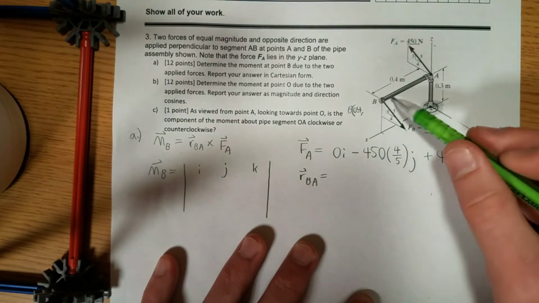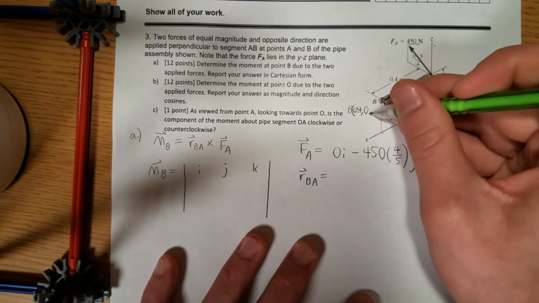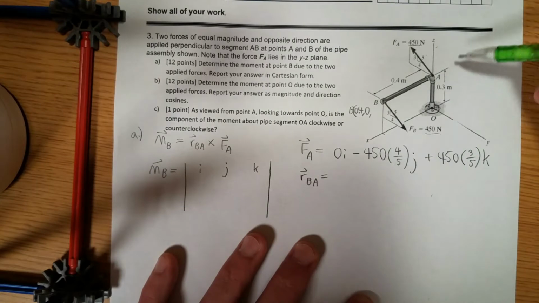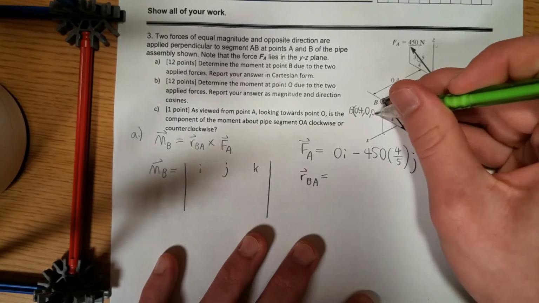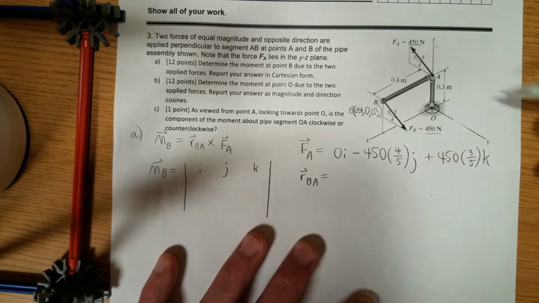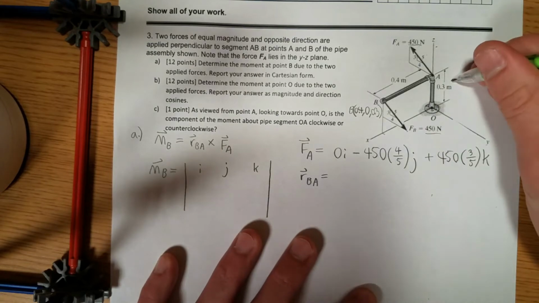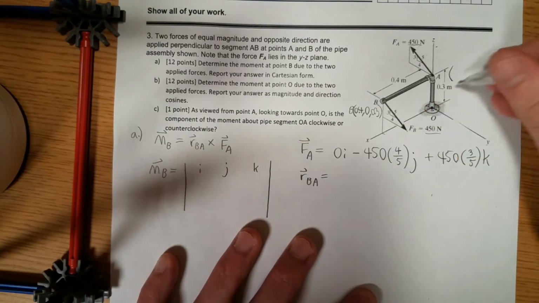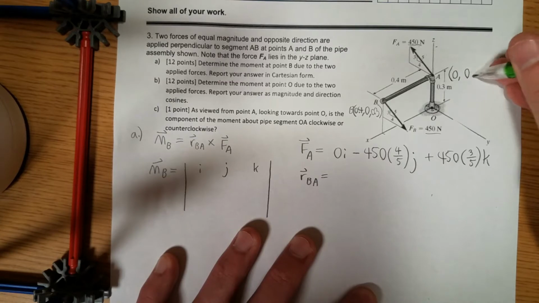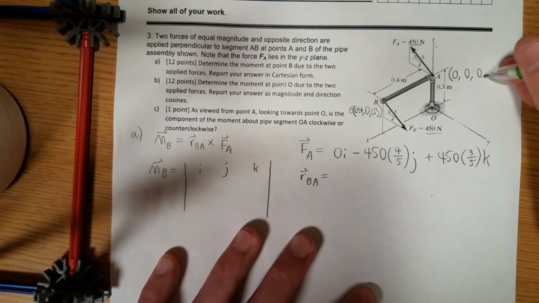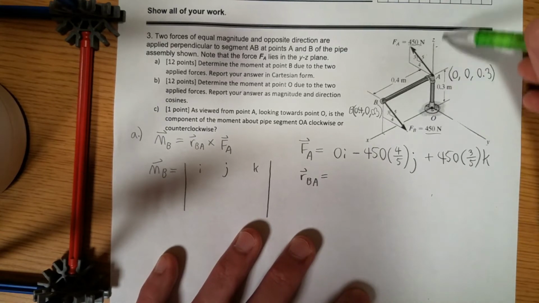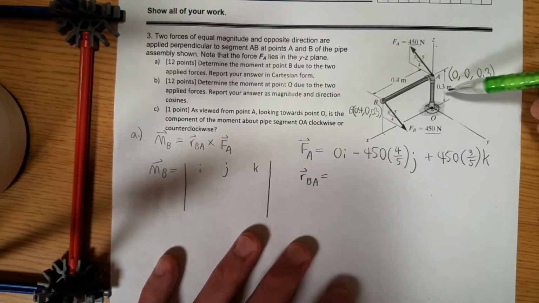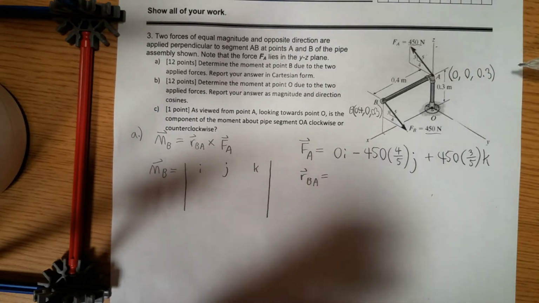In the y direction, it is going to be 0. And then in the z direction, it is 0.3. Of course, those are all meters, but it doesn't quite matter as much here. At A, it's going to be 0 in the x, 0 in the y, and then in the z, 0.3. And that's because it's on the z-axis here, so really the only dimension it can have is 0.3 in the z.